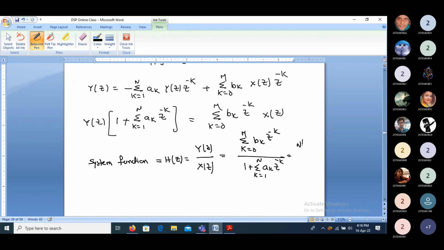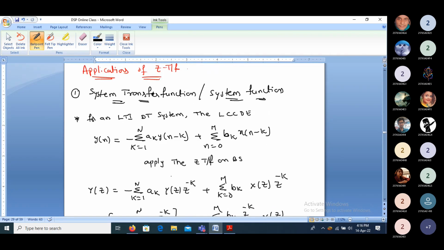This is also mentioned as N of z by D of z. So this is about the system transfer function.